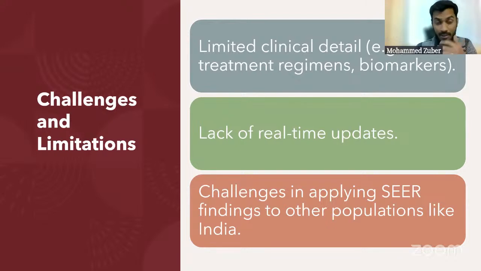And there is a lack of real-time updates and challenges of applying the findings. So basically, the population characteristics might be different in the United States compared to India. So it might be a bit challenging to apply these findings to the Indian population, but you can certainly use this database to answer the research question.